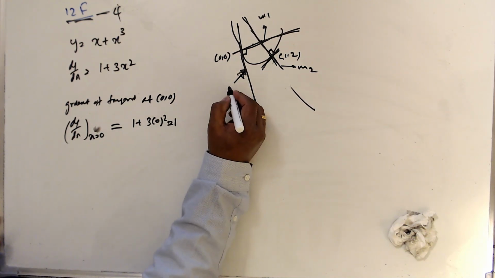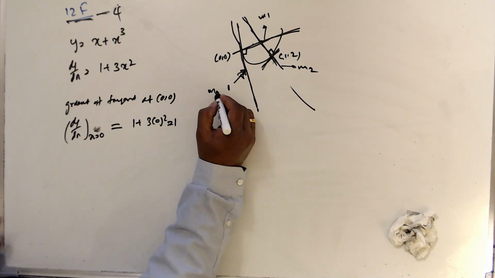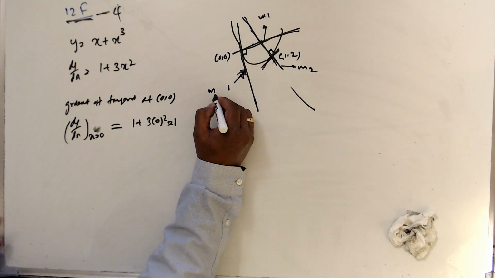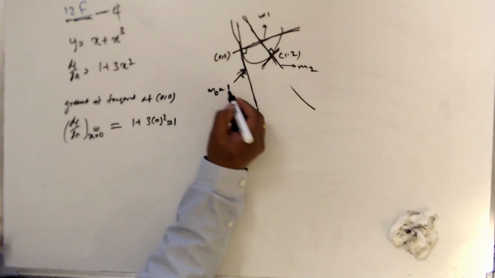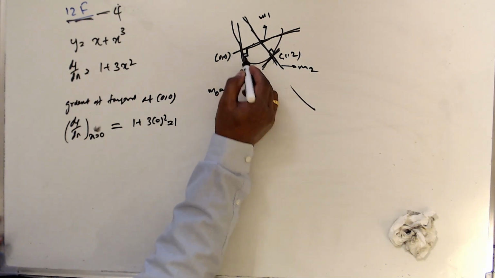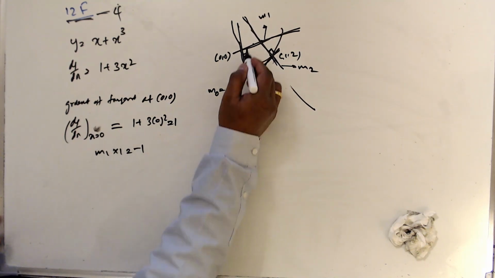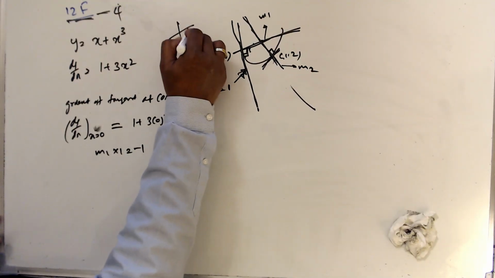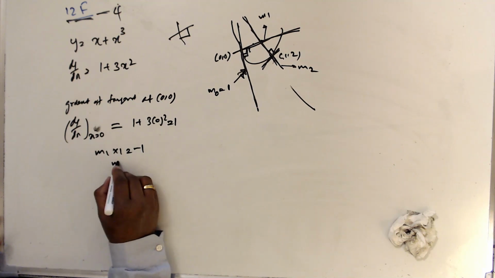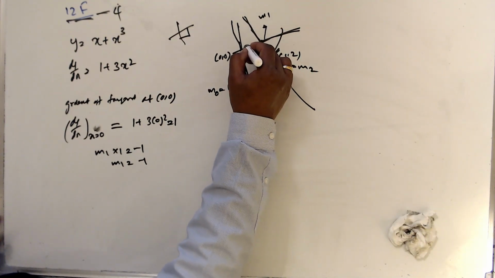So gradient of this one is 1 now. I'll take m0, so this is 1. Then since you know this is 1, m1 times 1 is minus 1, because we know that perpendicular gradient we can find. M1 is minus 1. Now this is minus 1 you found out.